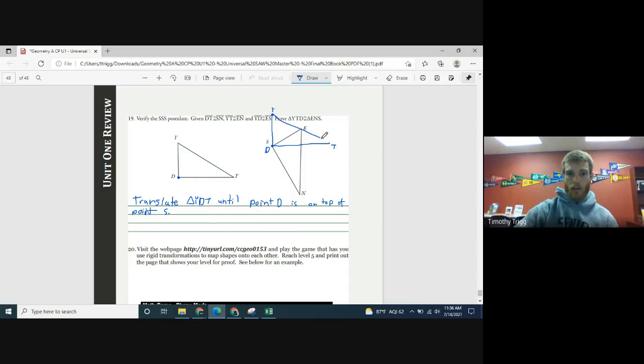Hopefully you can imagine YDT translating so that point S and point D coincide.